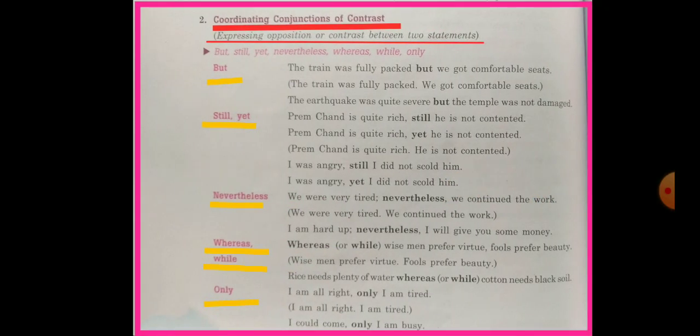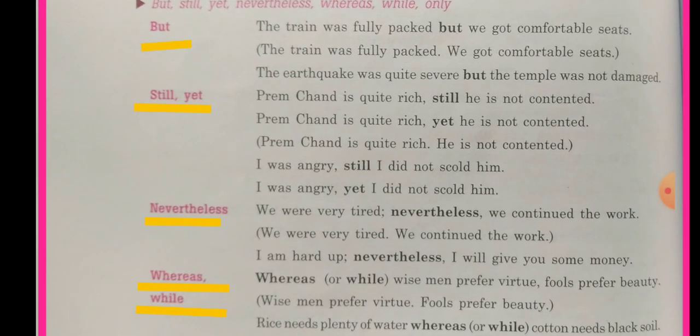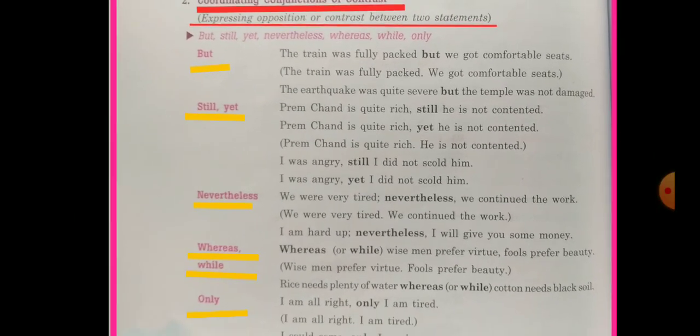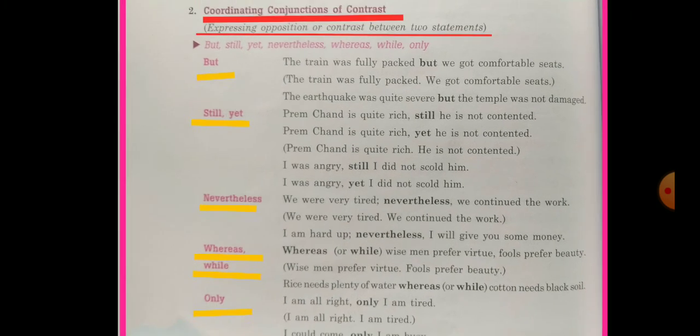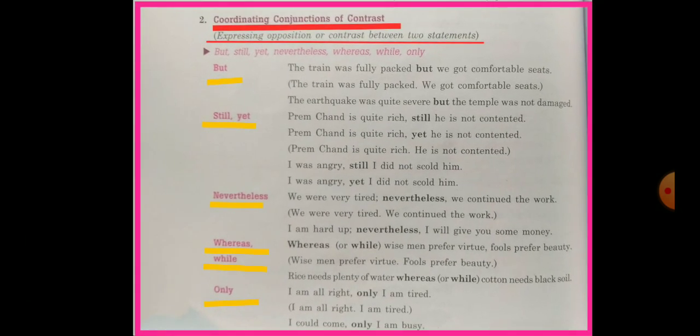Now, coordinating conjunctions can be used for contrast. If we have to show contrast between two statements, we will use conjunctions like but, still, yet, nevertheless, whereas, while, only. Like: the train was fully packed, but we got comfortable seats. Here, "but" is used as a coordinating conjunction of contrast. Still, yet: Premchand is quite rich, still he is not contented.